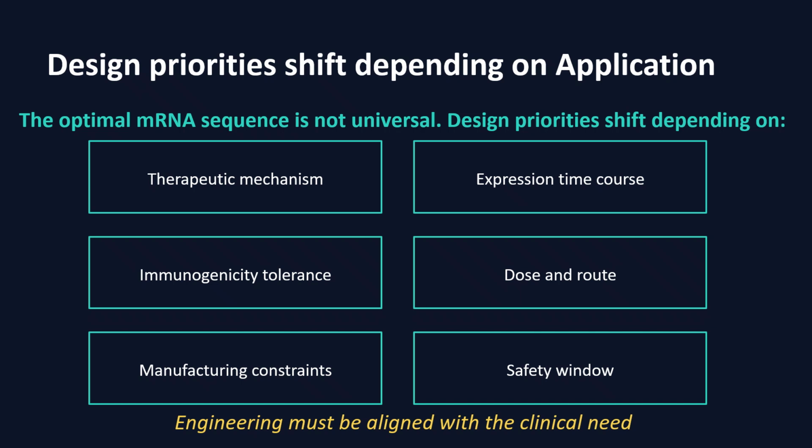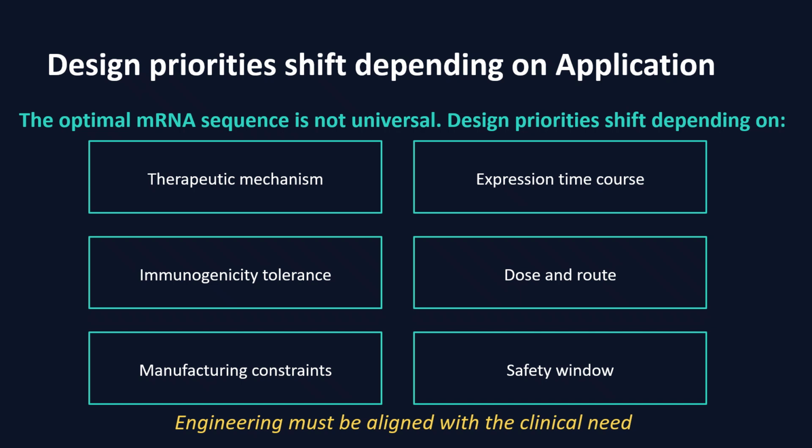It completely depends on what you are trying to do clinically. Are we trying to replace a missing protein? Do you want to trigger an immune response? Or are you editing a gene? So each of these needs a different behavior from the RNA.